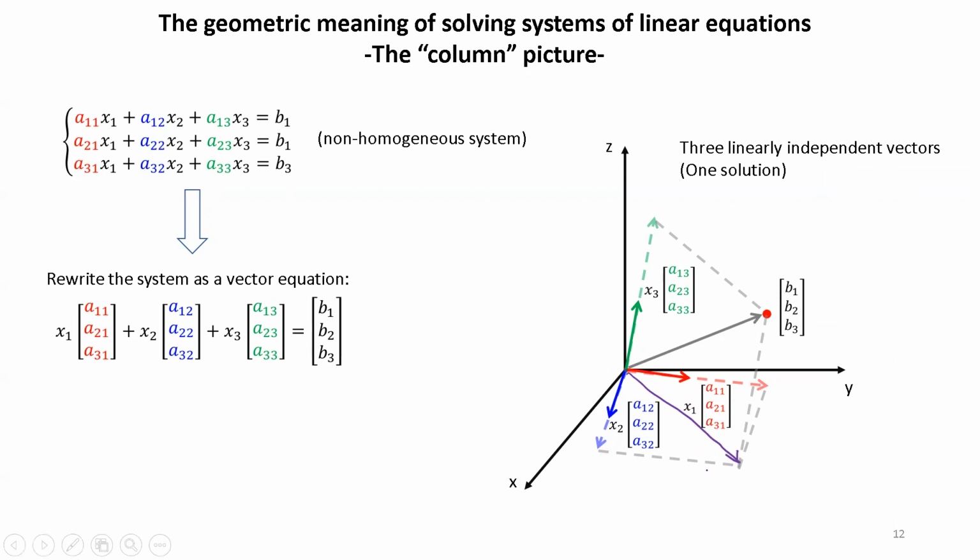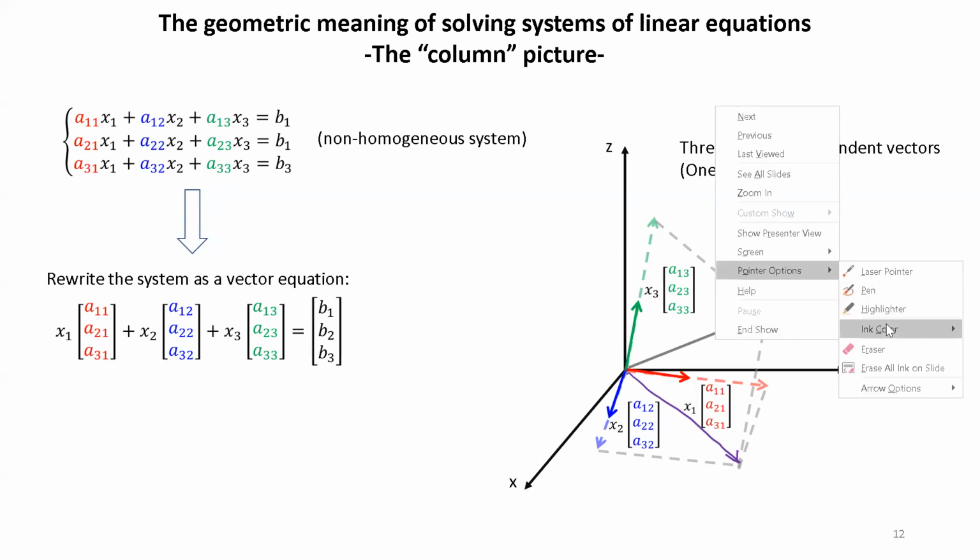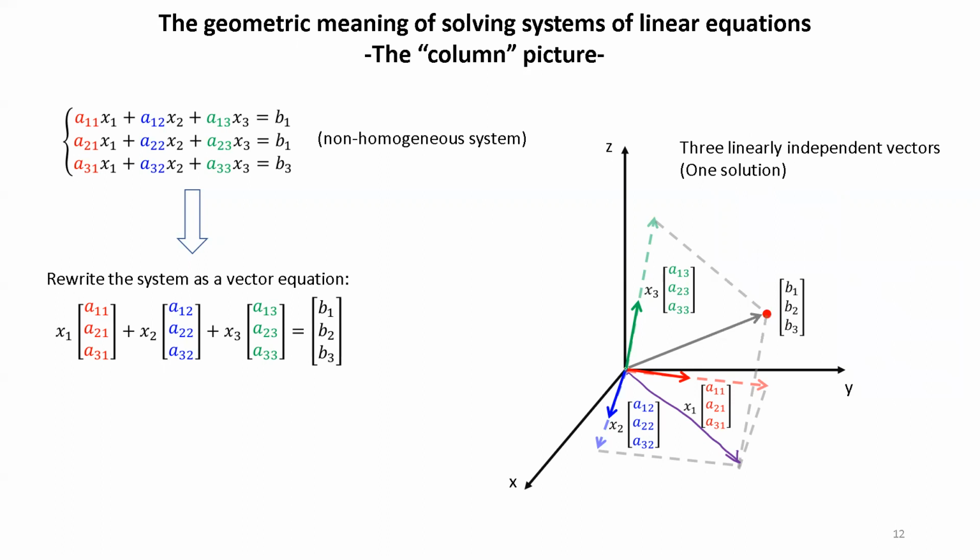And then the green one, make it longer to make it like this. Then finally, your purple added to the green gets you to this black vector here.